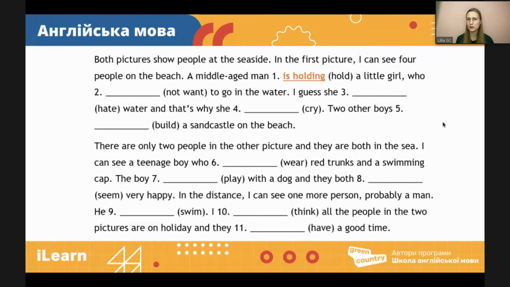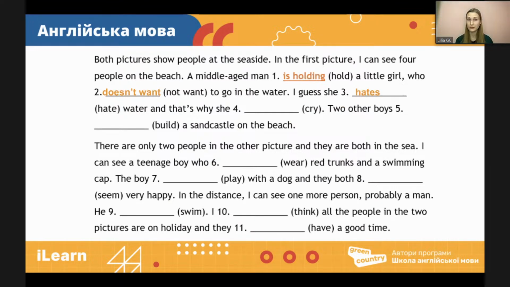A middle-aged man is holding a little girl who, what form should we use? Who hates, who doesn't want to go in the water. I guess she hates, good job. So let me open them.